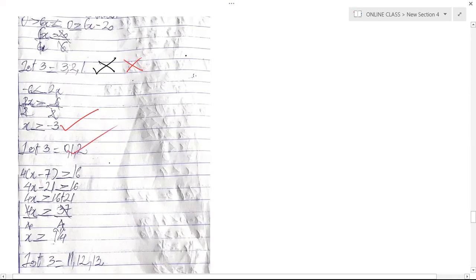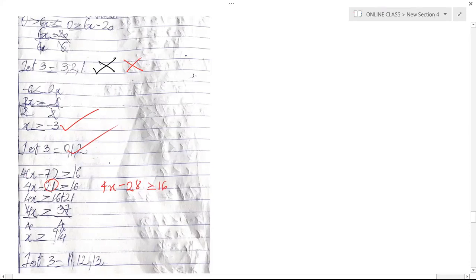Yes. Now here we have 4x minus 4 times x, 4x times 4 times 7 is 28. You have missed this already. So there's no way you get it. So it should be 4x minus 28 is greater than or equals to 16.